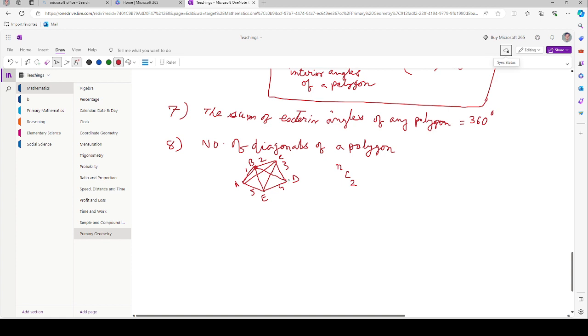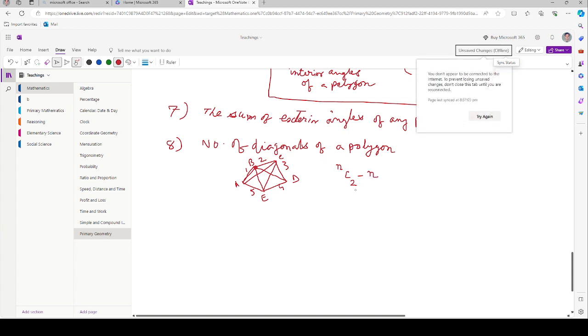The polygon which has n vertices has n sides. The n sides are not the diagonals of this polygon. So n is to be subtracted from this number, nC2 minus n. This is the number of diagonals. Okay.